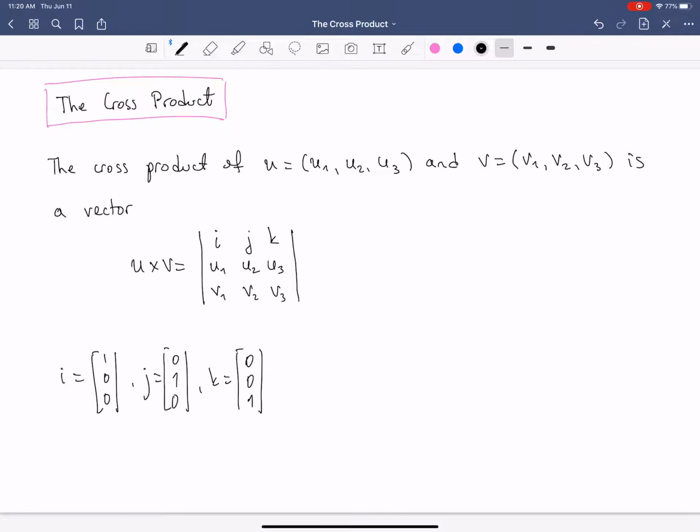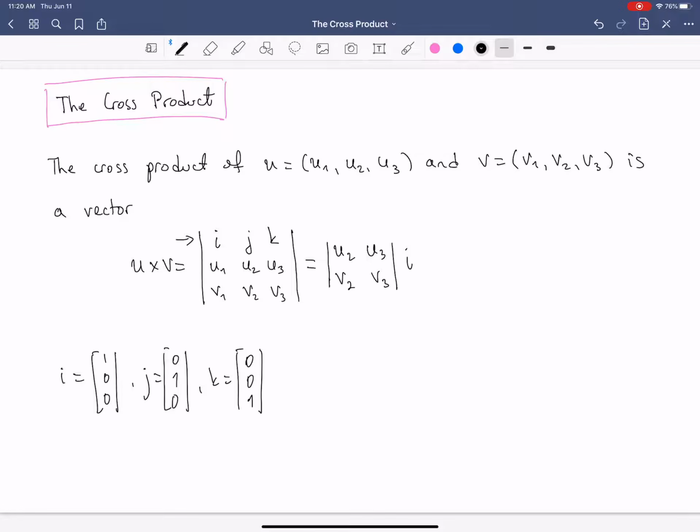We will do expansion along the first row here to compute this determinant. And by doing that, what we're going to get is the determinant of the first minor. So we have u2, u3, v2, v3 times the vector i. So the number that we get from the determinant sort of goes into the first component of the answer.